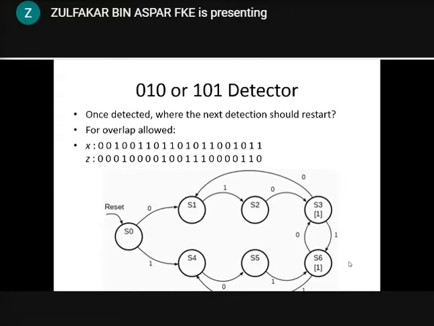Then we try to find out the repetition, which is at S3 and S6. Where should they be repeated?